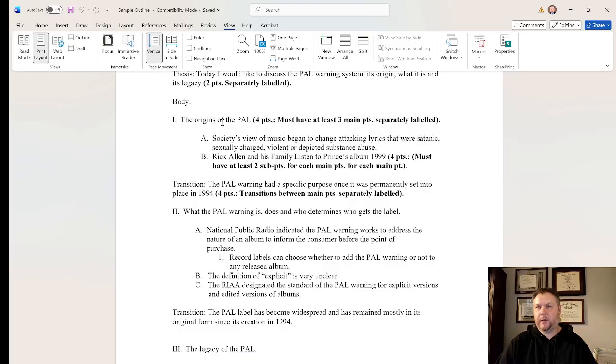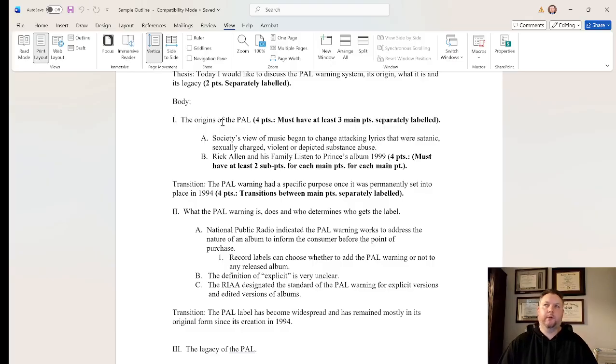Essentially we had this period where people started to really get concerned about music lyrics, and there was more of an outcry that we need to do something about it. Particularly with lyrics that people thought were satanical, or sexually charged, or violent, or glorifying substance abuse. So people got really concerned about that.